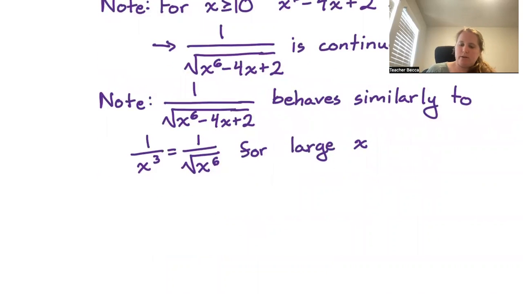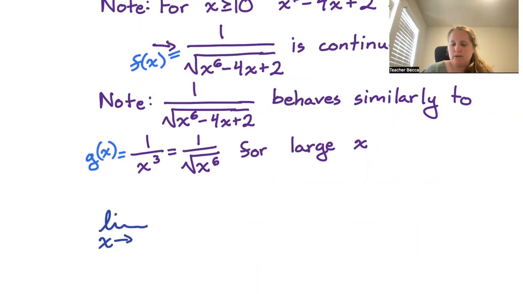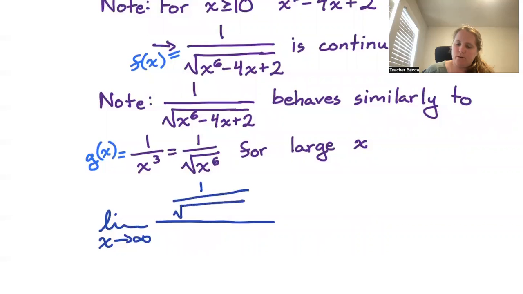And so essentially, if we take the original function as our f of x, and 1 over x cubed as our g of x, then we're looking at the limit as x approaches infinity of 1 over the square root of x to the 6th minus 4x plus 2, all over 1 over x cubed.